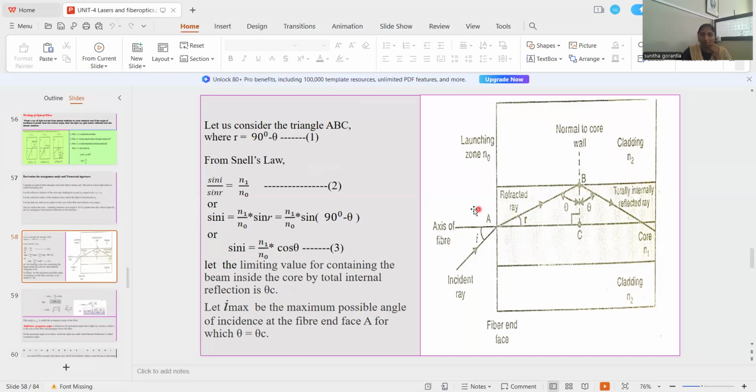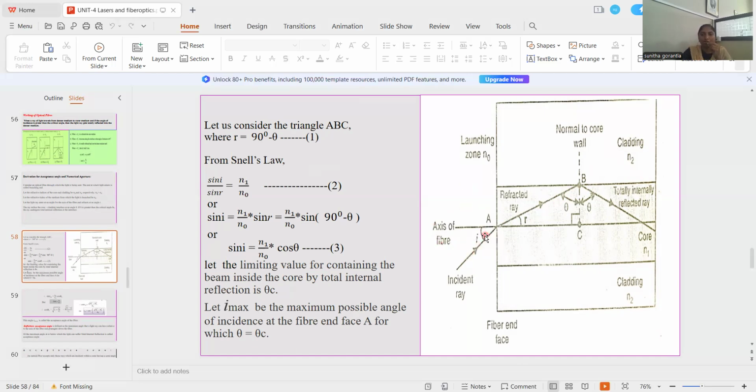This maximum angle of incidence is called the acceptance angle.